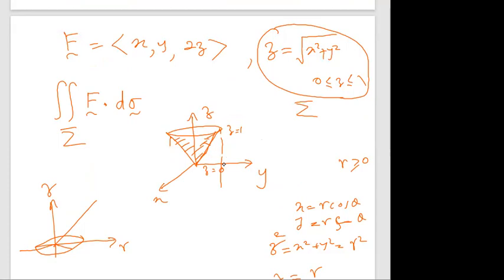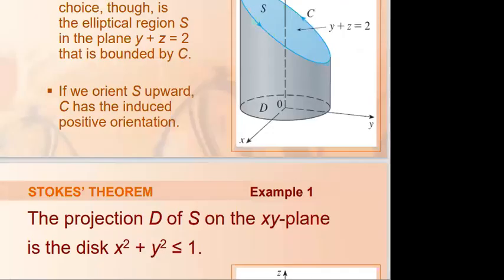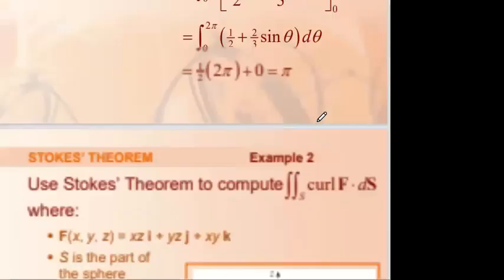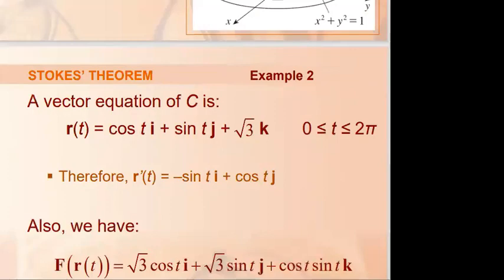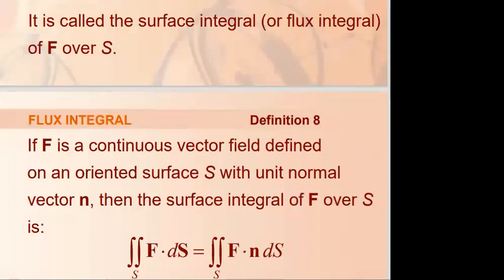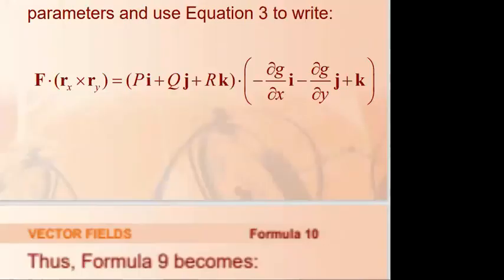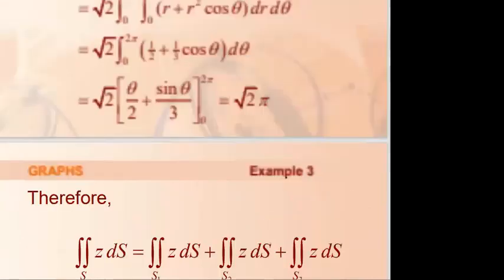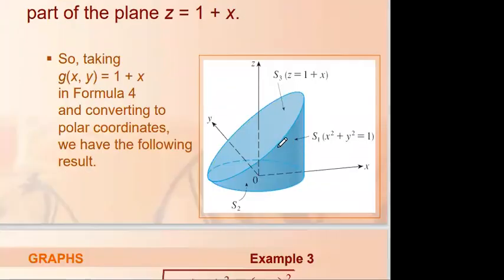It has only one surface, but look at these other objects. They have many surfaces, so you have to compute each and every surface integral. For instance, here how many surfaces are there? This is flat surface 1, this is curvy surface 2, and bottom surface 3.